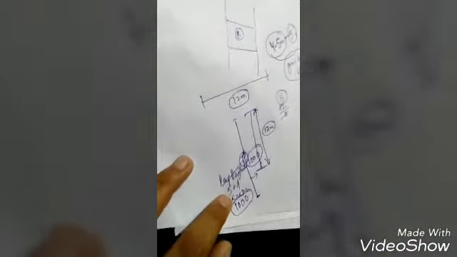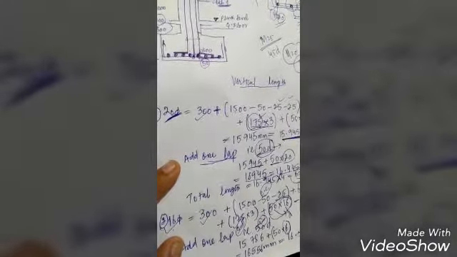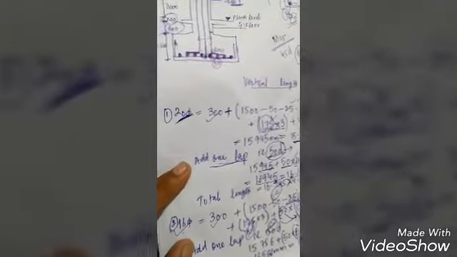Now here we have our plan. So we find the total length, that is 33.16. Now we'll talk about the most important thing, how to find the stirrups. So here I will tell you that thing.